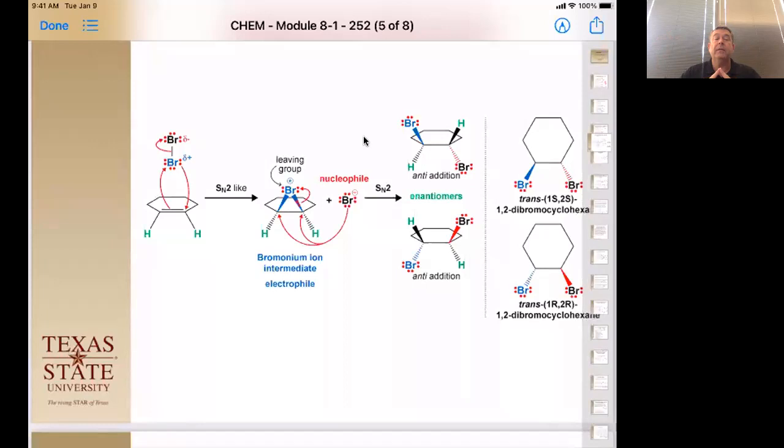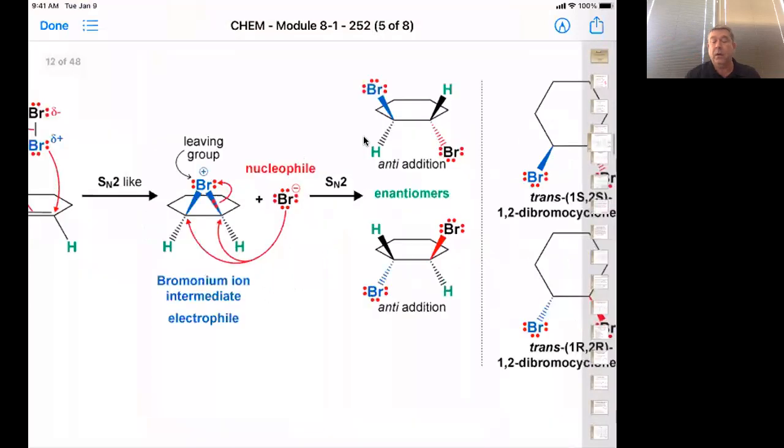Because the bromine is blocking the top, it has to come in from the bottom, meaning that the halogenation reaction is an anti-only reaction. And because it's an anti-only reaction, it's important to note that there is stereochemistry associated with this. So in this case, when we do that addition here, we can have it come in and attack one.